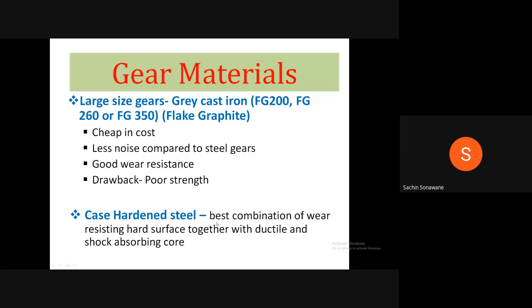In case hardened steel, the surface is hardened by using some heat treatment processes. There are different heat treatment processes: induction hardening, nitriding, case carburizing, annealing. Therefore, a suitable heat treatment process is used to harden the gears.